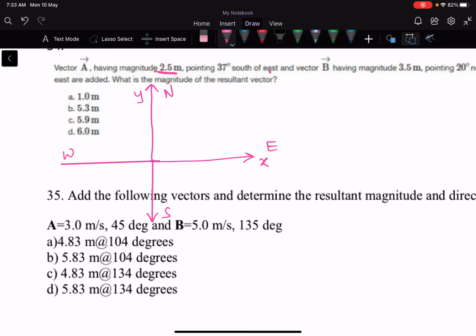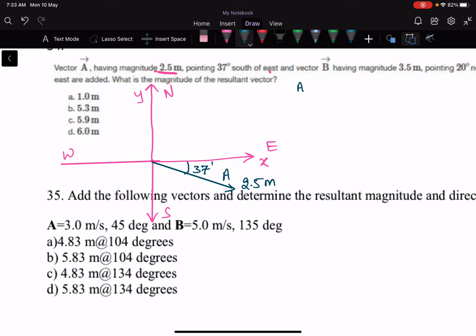From east to south 37 degrees, having magnitude 2.5 meters. So let it be vector A.